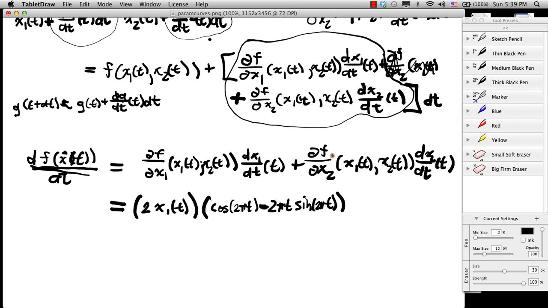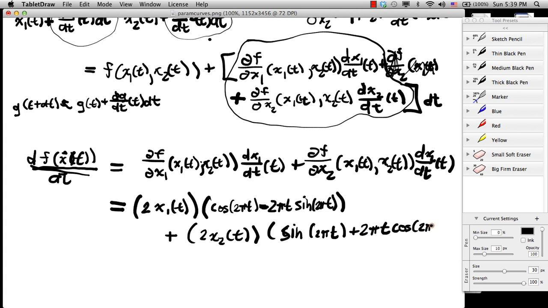The term I get from this is going to be plus 2x2 of t. Remember, the function was symmetric in the x1 and x2 variables. Times, and remember, we already took this derivative before, sine of 2 pi t plus 2 pi t cosine of 2 pi t.